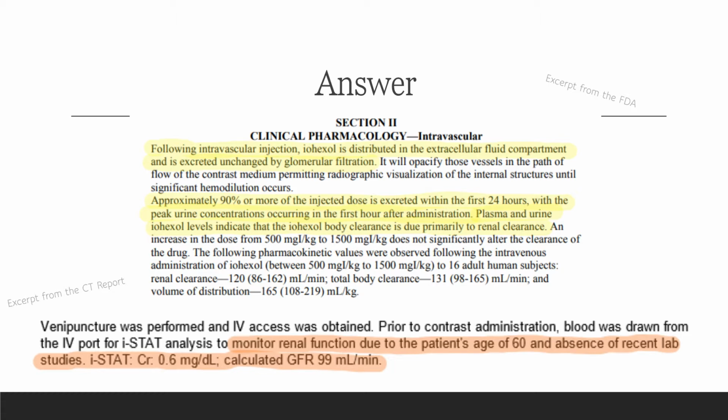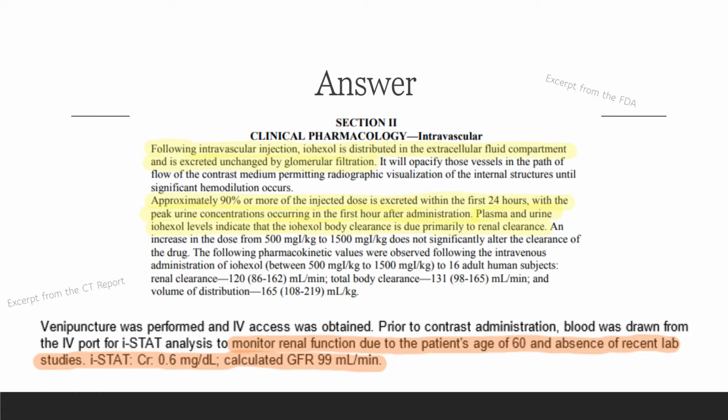From the CT report, an iStat analyzer test of the patient's blood was done due to the patient's older age, and she's 60 years old, and she had no recent lab work. Creatinine was 0.6 milligrams per deciliter, normal range being 0.5 to 1, which is the range for women, so she's in the normal range.